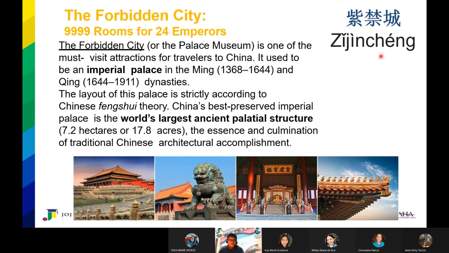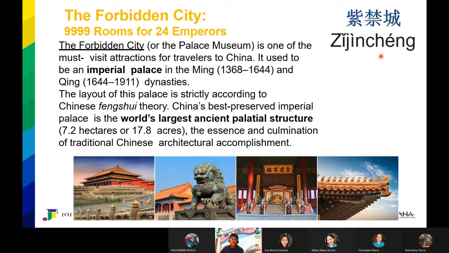So inside the Forbidden City, it's where the emperor sits, with some courtyards, and indeed 9,999 rooms inside. Right now the Forbidden City is more of a tourist destination.